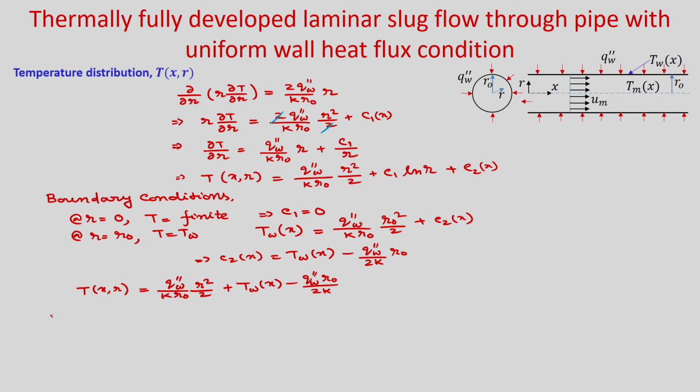This you can write as T(x, r) equals Tw(x) minus q″w r naught by 2k, you take common, so you will get 1 minus r square by r naught square, which is your temperature distribution.